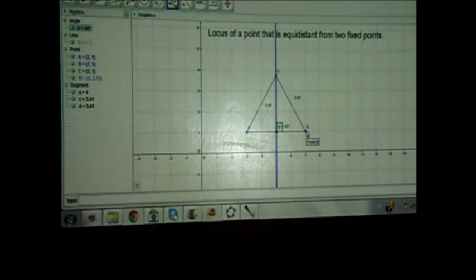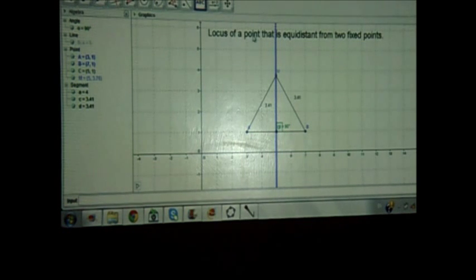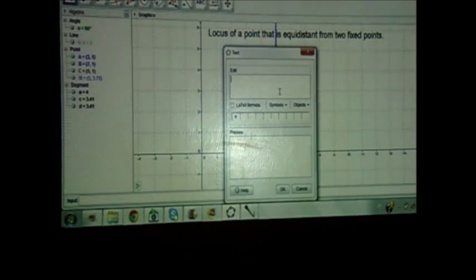So whenever M moves, it will remain on the perpendicular bisector of segment AB. Now we can draw a conclusion that M varies on the perpendicular bisector of segment AB.